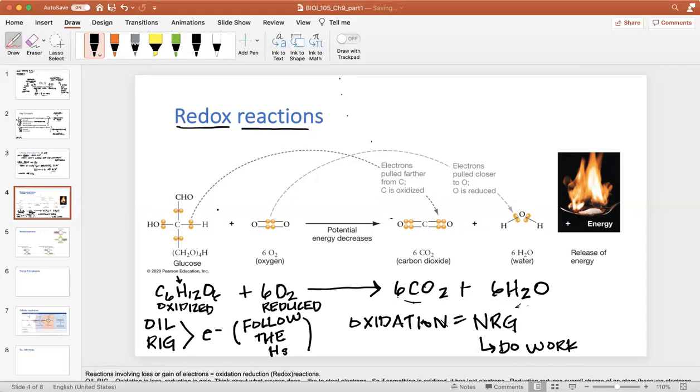So if we look at this very simplified equation, we have glucose plus 6 oxygen. Glucose is oxidized into carbon dioxide. Oxygen is reduced into water, and this action of oxidizing glucose gives us some energy that we can use to do work in the cell, okay?